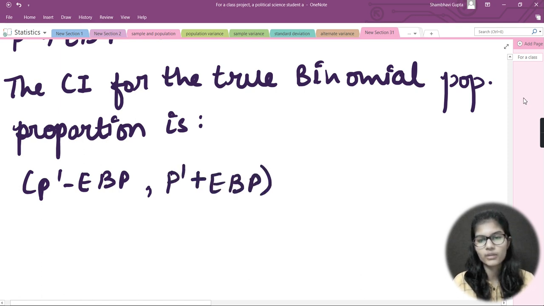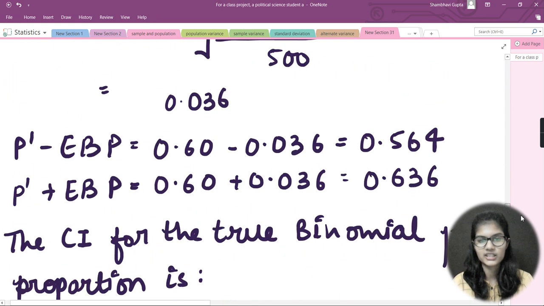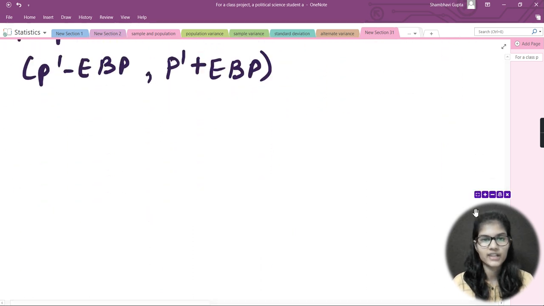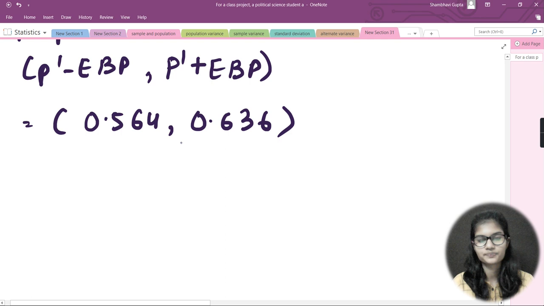Let's go above and quickly check the values for P dash plus EBP and P dash minus EBP. So 0.564 and 0.636. Fine. So I would add those values here, put the bracket, 0.564, comma, 0.636. These are the values which I got here, right?